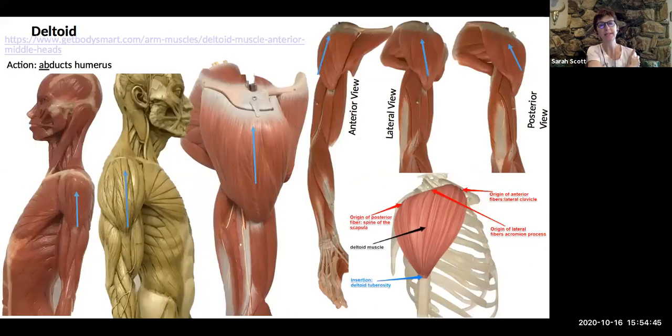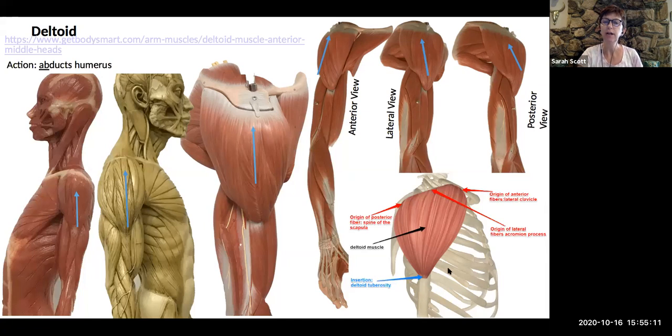All right, then we have the deltoid. You can see the deltoid from a posterior or a lateral or an anterior view. It's quite a wide muscle, and on the anterior surface it's going to be here on the clavicle, and then on the posterior surface, the spine and the scapula. So it's basically wrapping right around the shoulder.